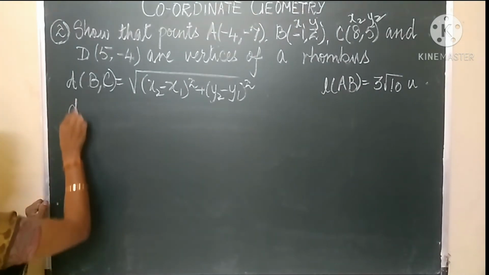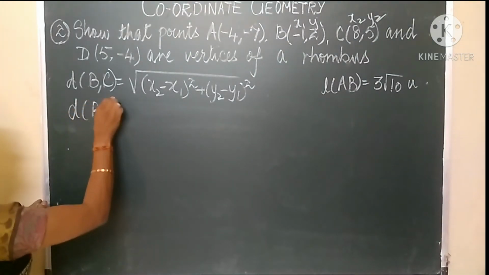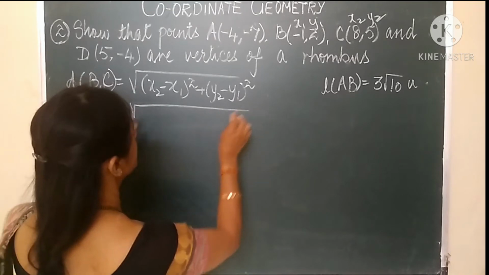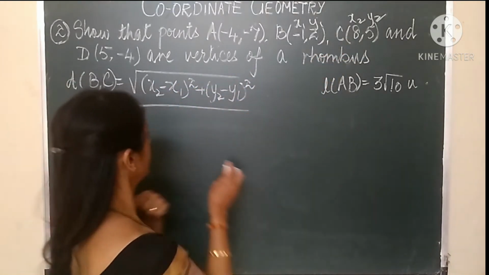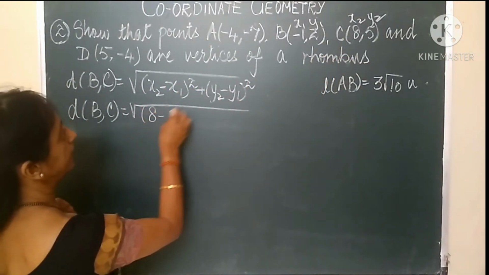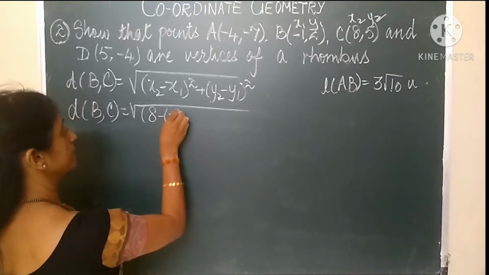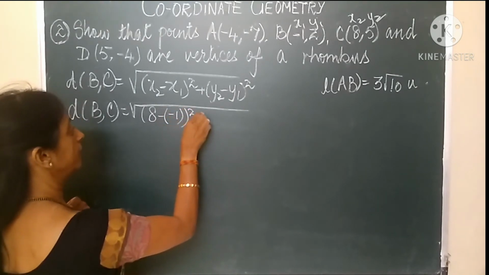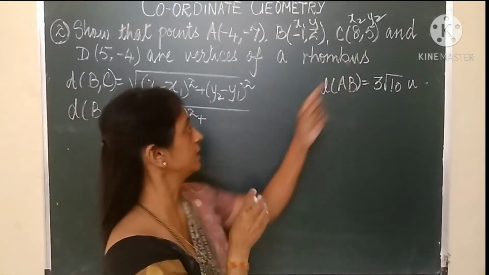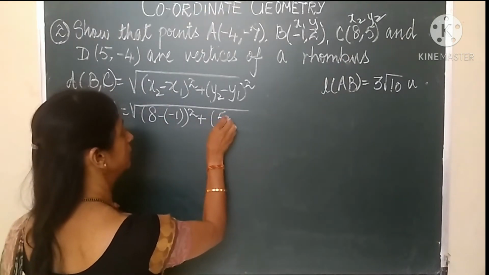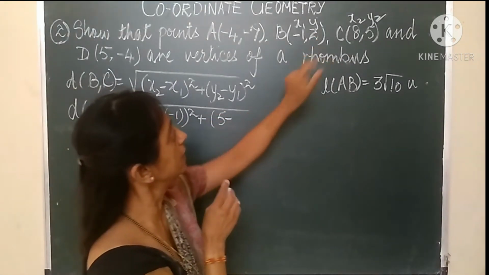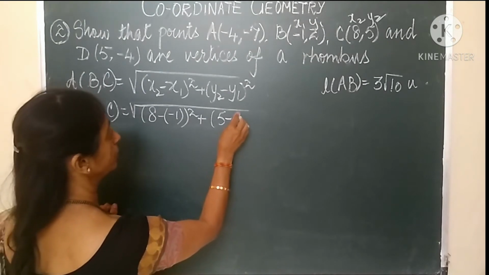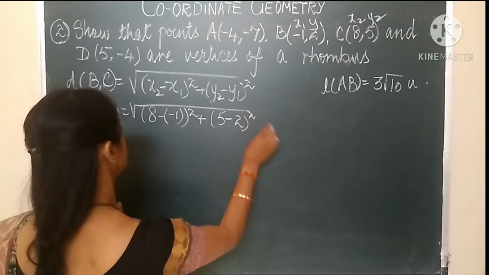To begin with the calculation part, distance BC will be equal to x2 that is 8 minus x1 that is minus 1 the whole square plus y2 is 5 minus y1 is 2 the whole square.